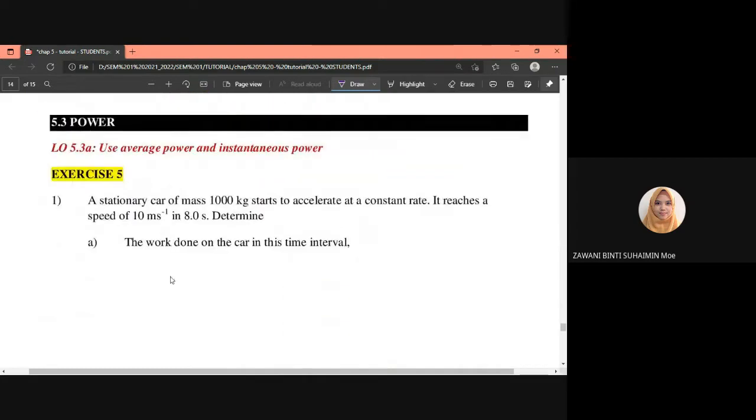So next we look at power. Okay, so power kita ada dua equation. Okay, iaitu kejap ya, saya buka nota untuk lecture. Kita revise sikit.